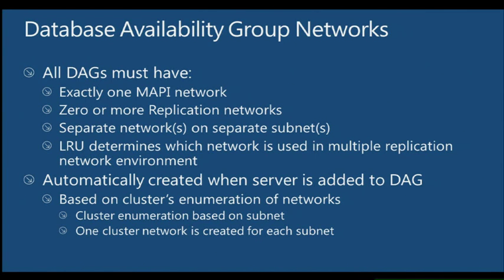We install the cluster service, or we join it to an existing cluster. We enumerate the network settings. Cluster passes that up to us. We look at the configuration settings. And for each individual subnet that we find, we create a corresponding DAG network. That DAG network will be a MAPI network or a replication network based on how it's configured.